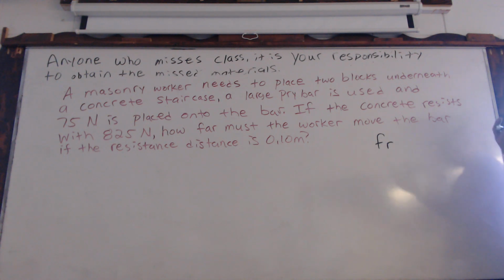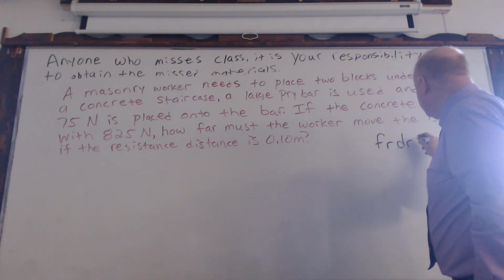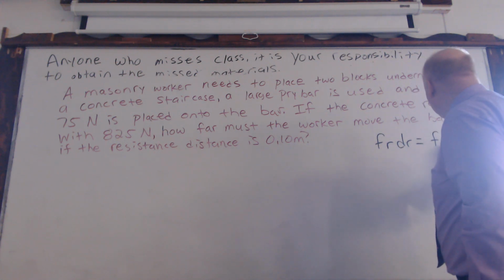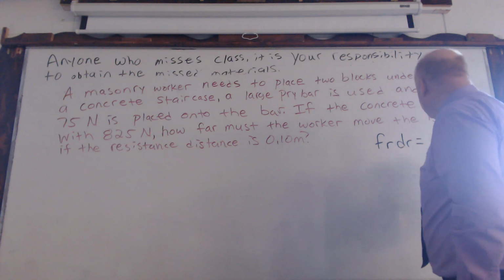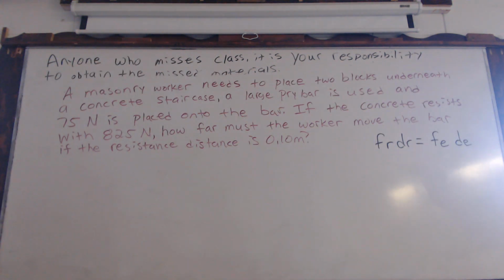It's not the same as efficiency, but it has the same variables. So a resistance force times a resistance distance equals the effort force times the effort distance. That's why we say that they are related. Yes, we wrote that down on Friday, and some of us possibly weren't here on Friday.